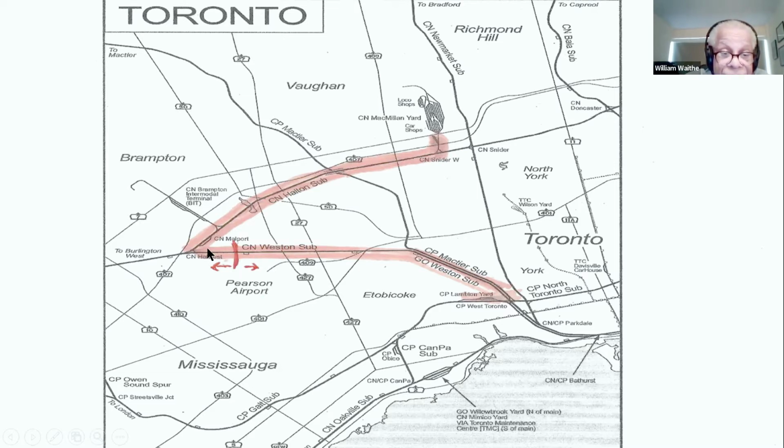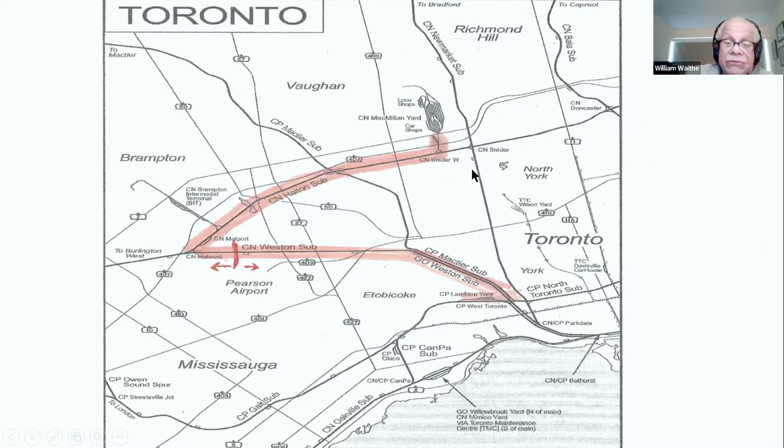There are other industries along the Weston sub, and we have 3 yards involved: the Macmillan Yard, a storage yard at Malport, and the Lambden Yard, which is the CP yard, which is used mostly for storage now, but there is interchange with the CN.